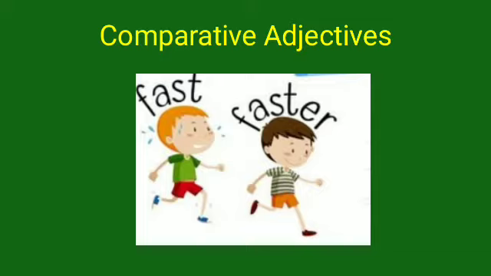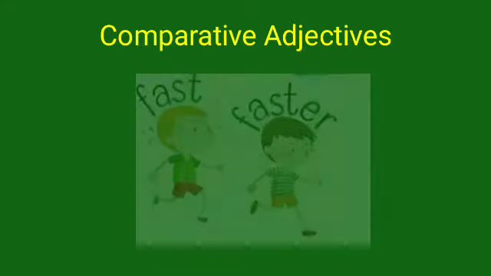Now look at this picture. There are two boys running and the word fast is the adjective, and the comparative adjective is the word faster. So the boy in front is faster than the boy with the green shirt, right? So here the comparative adjective is what? Faster.